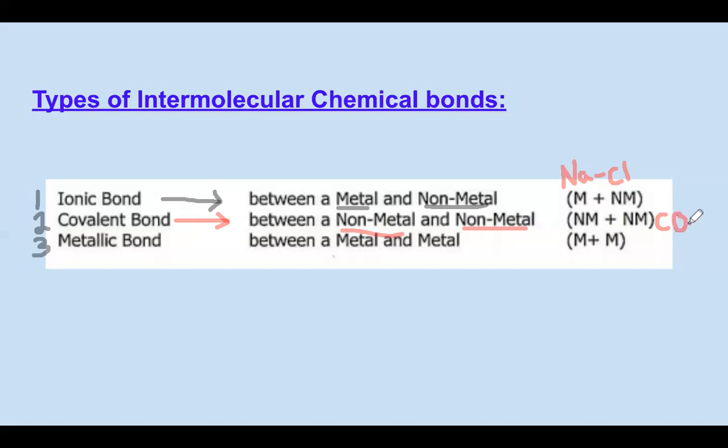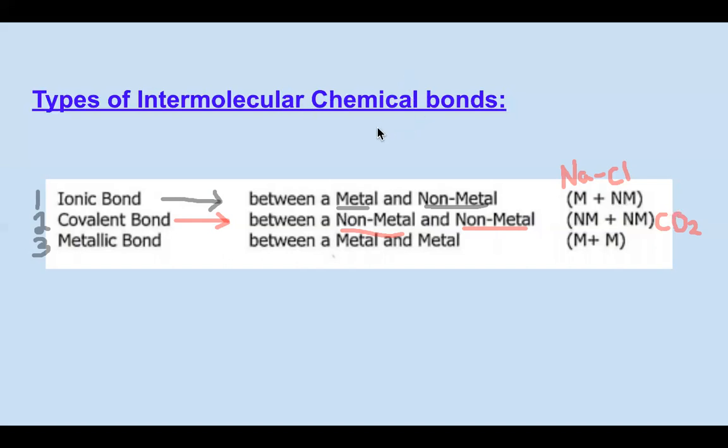So let's take the compound carbon dioxide. So there are two elements. One is carbon, the other one is oxygen. Both are non-metals. So the bonding between carbon and oxygen is called covalent bonding. And this compound, carbon dioxide, is a covalent compound.